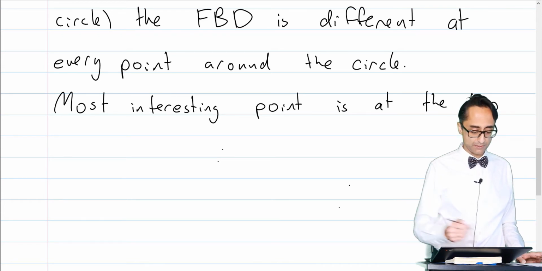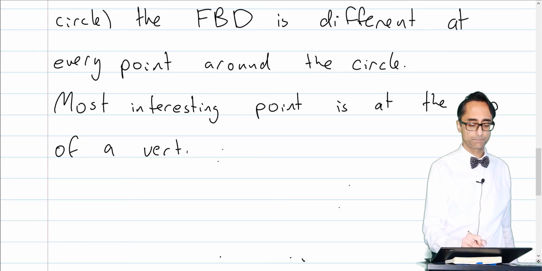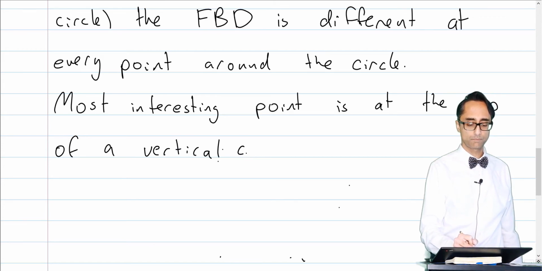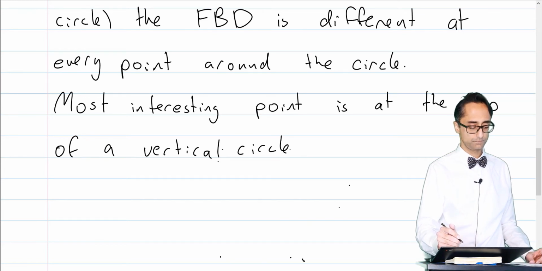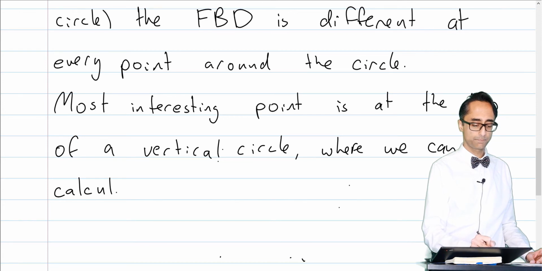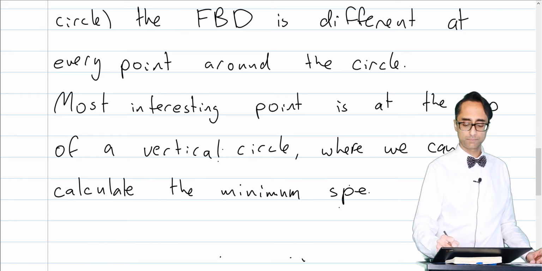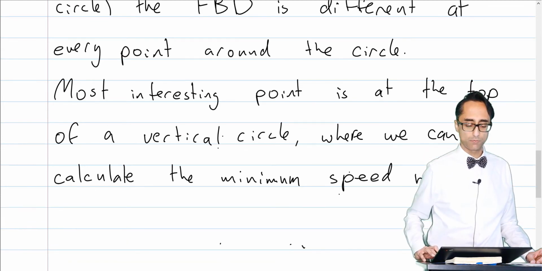And so the most interesting point is at the top of a vertical circle, where we, and we're just about to do this, can calculate the minimum speed needed to make it over the loop.